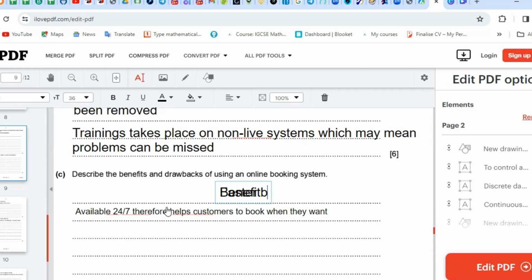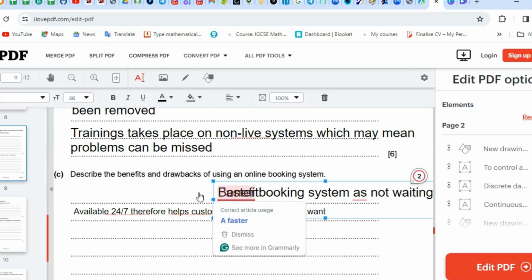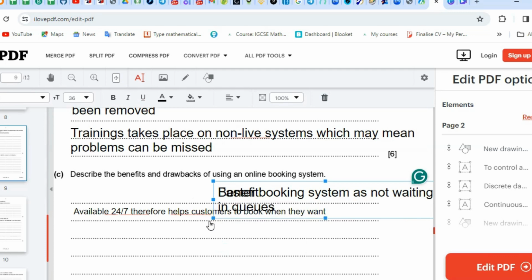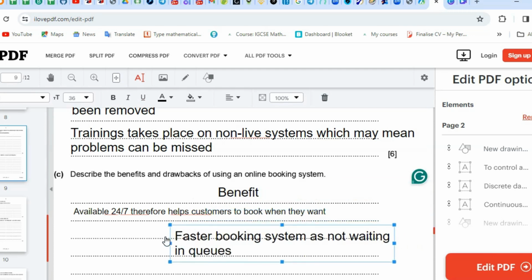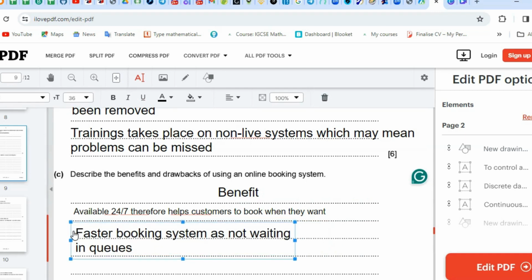So when you are booking online, you don't need to join any queue or to wait for anybody and say, oh, am I after you or you are after me?